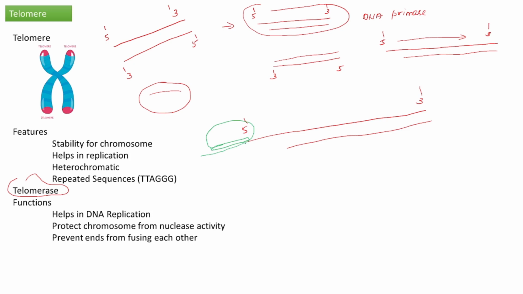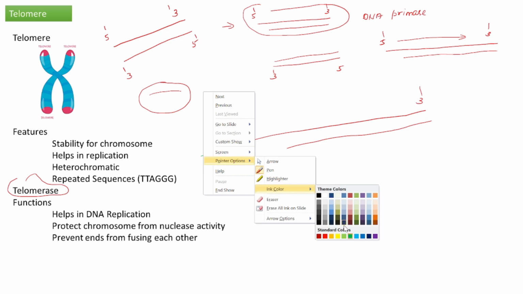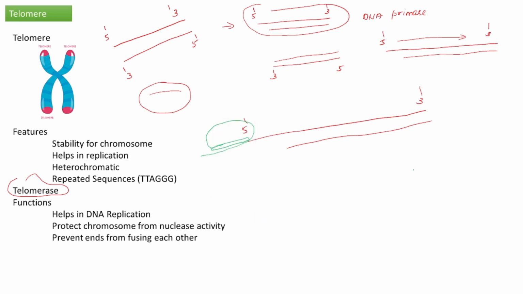After extending this long strand, then comes the role of another enzyme, that is DNA primase. For that I am taking another color. Primase adds a primer strand against this extended longer strand by the telomerase.